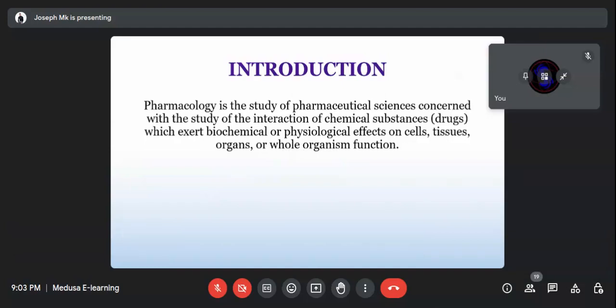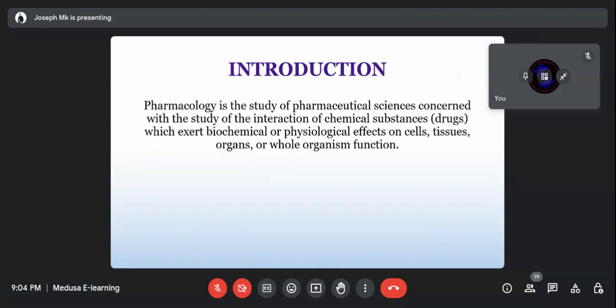So I said, number one, pharmacology is the study of a drug. Number two, the effect of a drug on the body. Number three, the response of the body to the drug. So that is the definition of pharmacology in three terms.